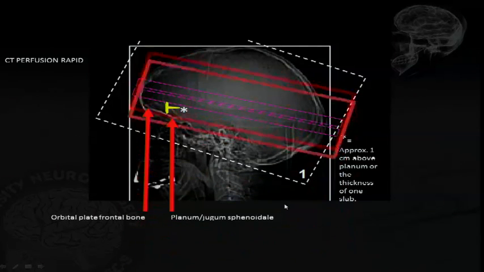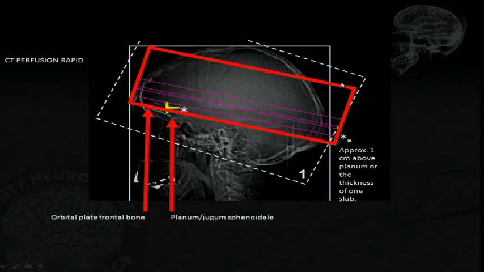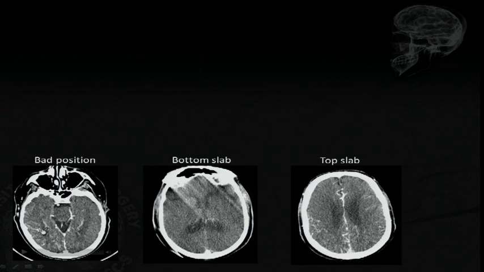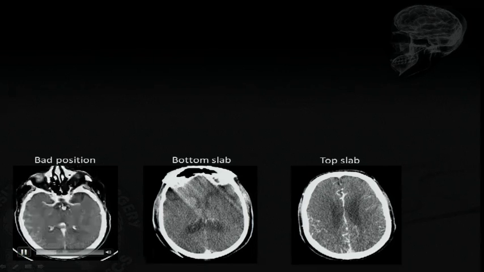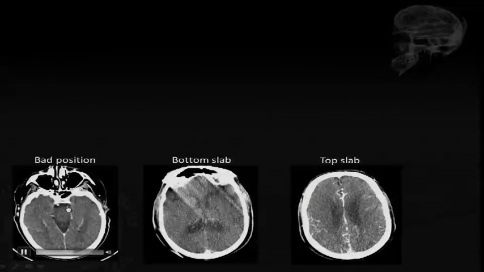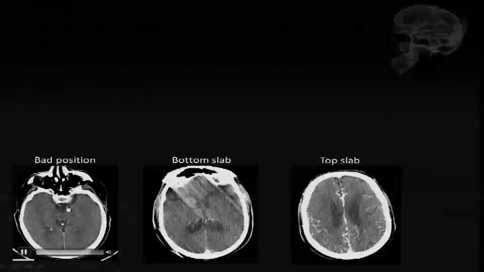Well, hopefully we'll get a 256 or 320 scanner, and then we can do just 1 slab, and you don't have to tell anyone where to put the slab because it'll cover the whole brain. That would be your 256 scanner; the 320 will get everything. So if you put that first slab next to the planum, you'll get this. You get the basal cisterns.